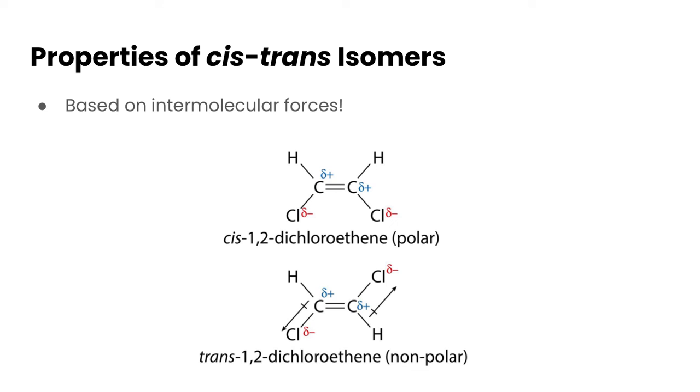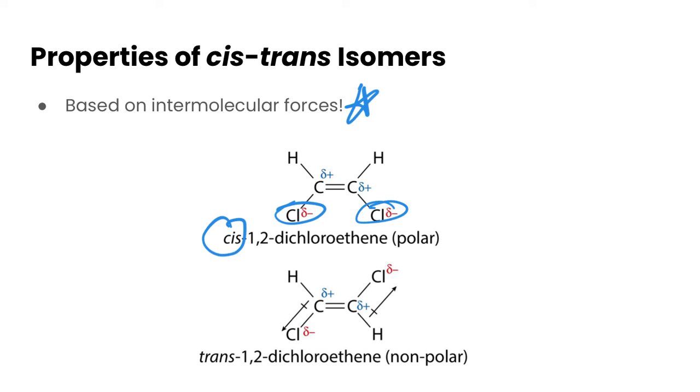The last thing I do want to talk about just briefly here is the properties of cis-trans isomers. And really, this is nothing different than what we've seen in various other videos that talk about properties of molecules. They are based on intermolecular forces. So a cis isomer, for example, will have chlorines on both sides in this particular example.